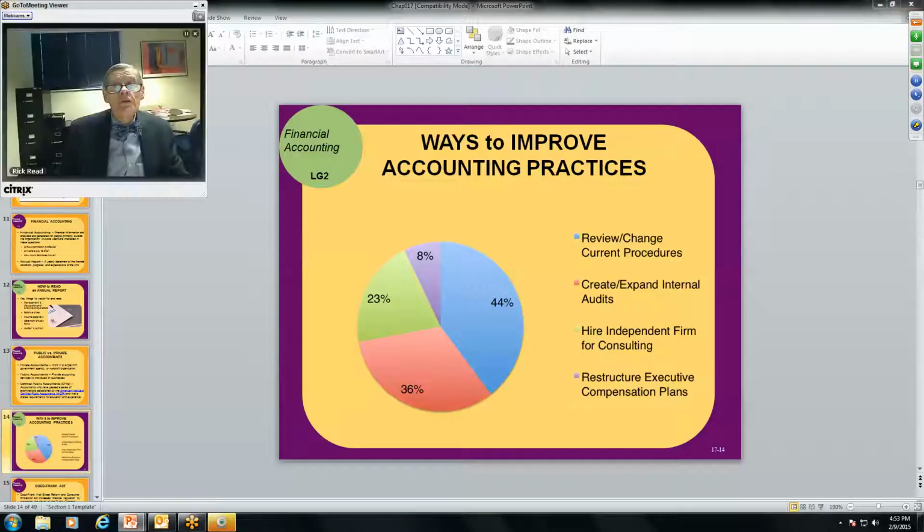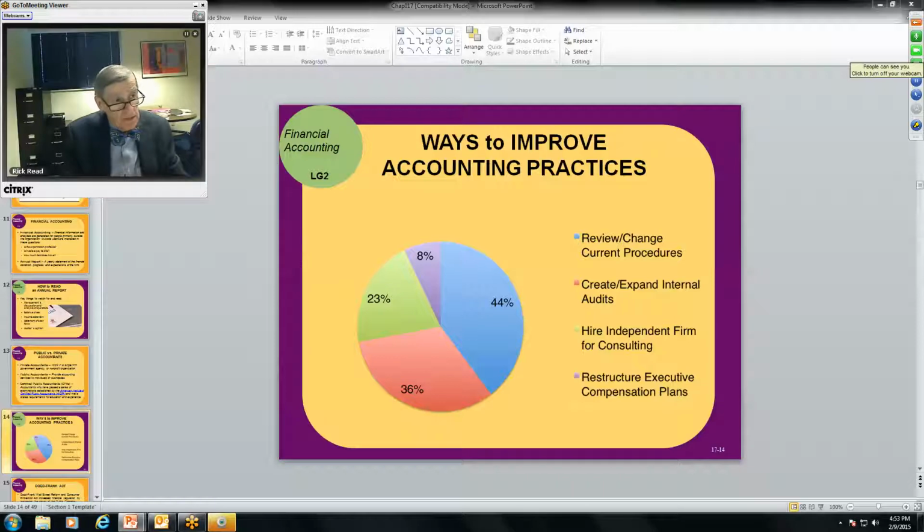Now, this particular slide just talks about ways to improve accounting practices. The largest one here is to either create or expand the internal audits. Now, we often think of an internal audit as being focused on dollars.